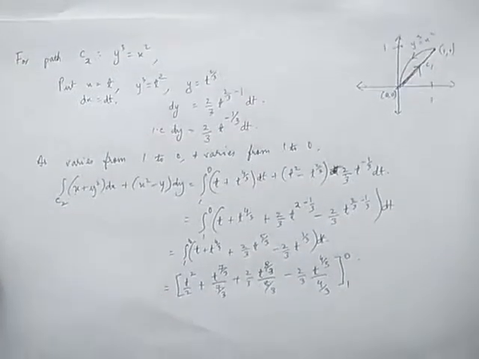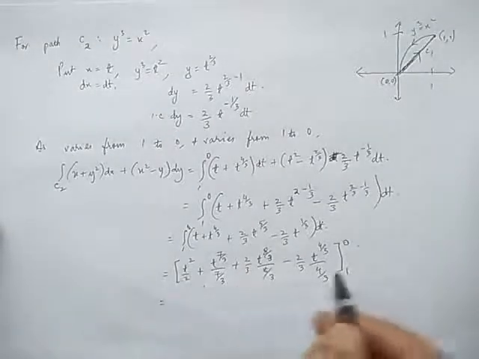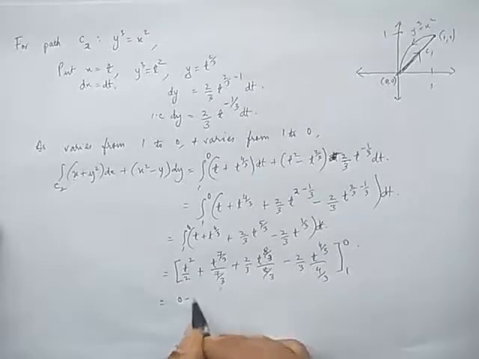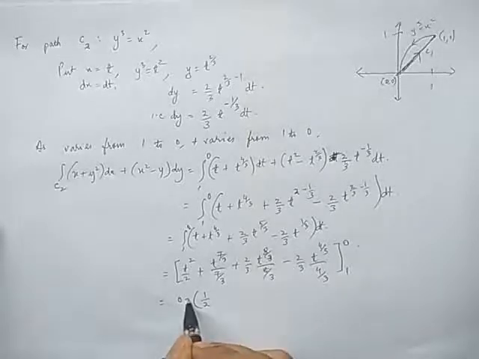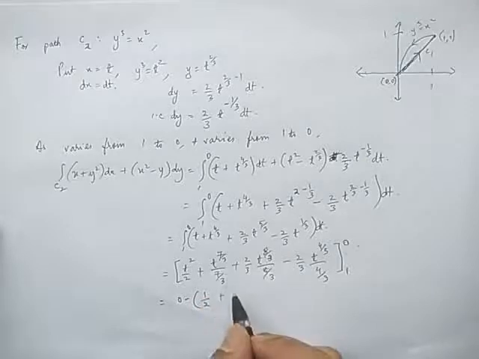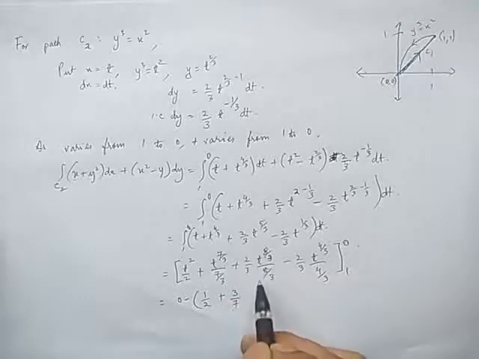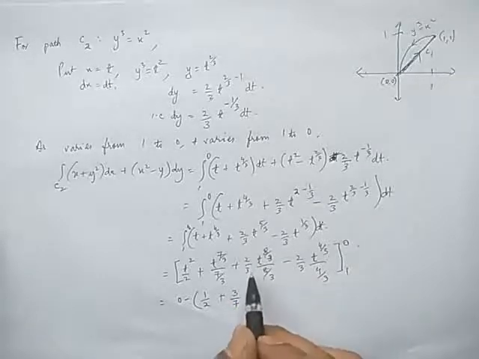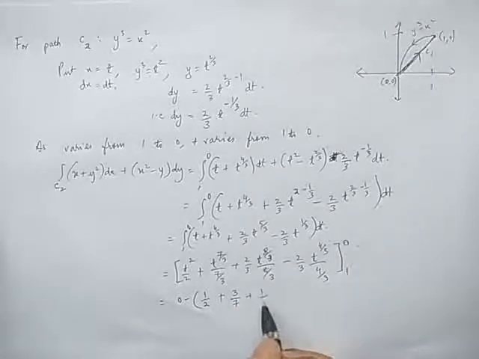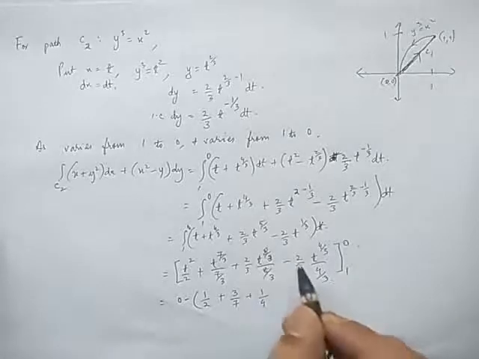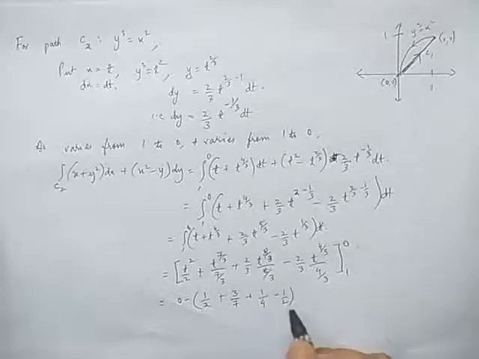So here, if I put all zeros then I get 0, minus here I will get 1 by 2 plus here I will get 3 by 7. Here I have 2 by 8, which will be 1 by 4. Here the 3 and 3 will get cancelled. 2 and 4 will be 1 by 2 minus 1 by 2.